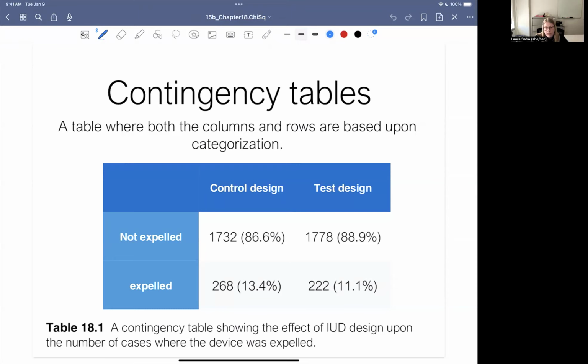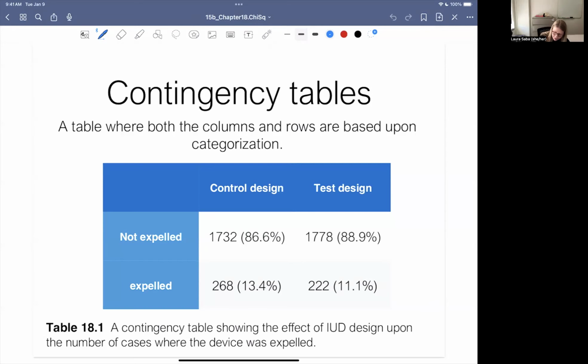In the control design, we implanted 2,000 IUDs, and in the test design, we implanted 2,000 IUDs. 13.4% in the control design were spontaneously expelled, and 11% in the test design were spontaneously expelled.